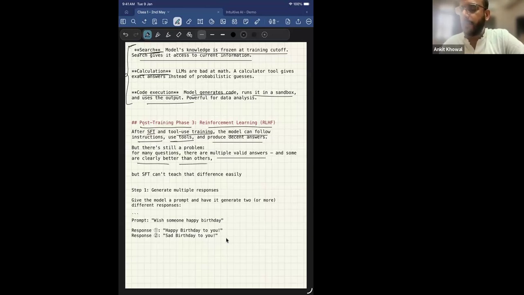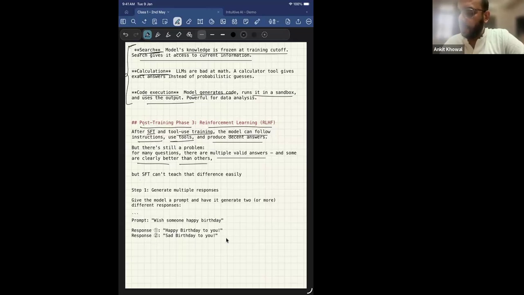Like let's say if I ask it what is quantum physics, it can answer point wise, or it can answer in a paragraph. One answer can be right, one answer can be bad, right? During the initial phases of GPT, we used to see that kind of thing, that it used to give two answers. So how does it learn to give the answers in the right form? That is called reinforcement learning with human feedback.